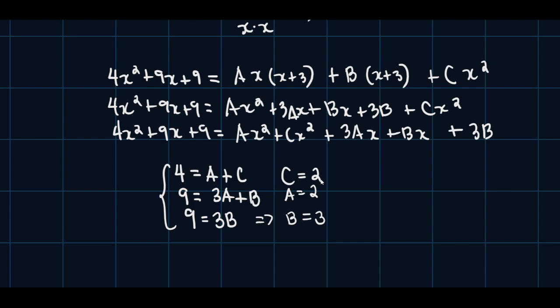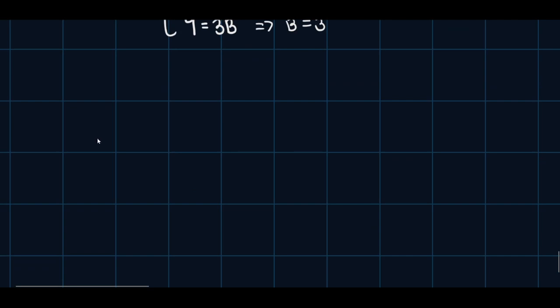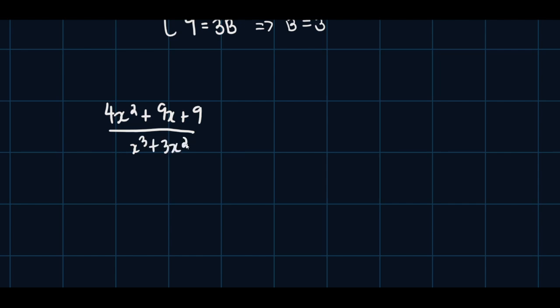So, ibig sabihin, yung partial fraction decomposition ng 4x squared plus 9x plus 9 all over x cubed plus 3x squared, this is equal to 2 over x plus 3 over x squared plus 2 all over x plus 3.